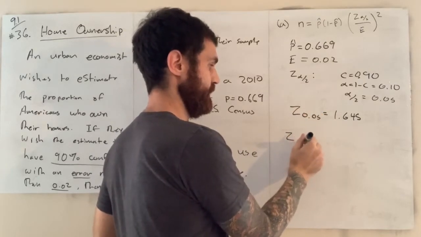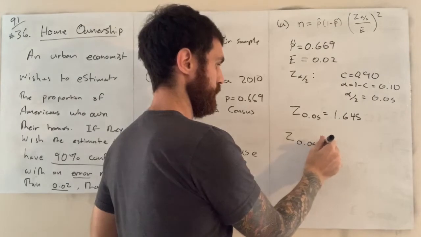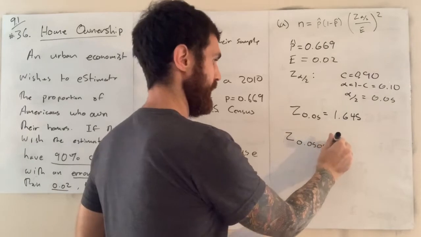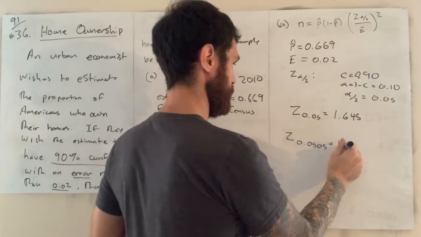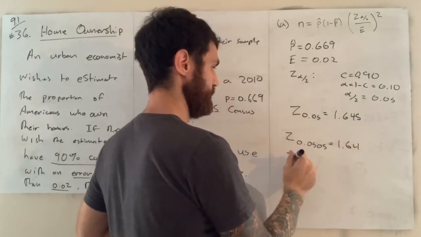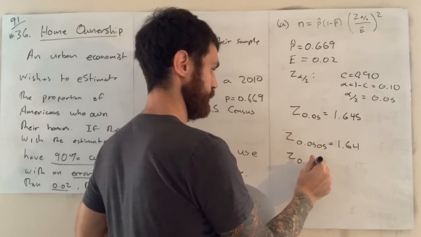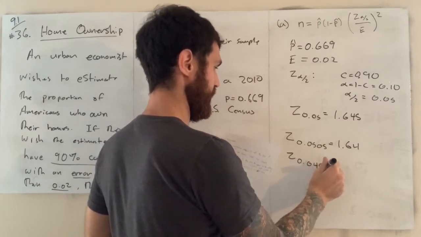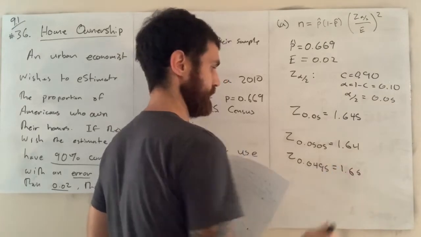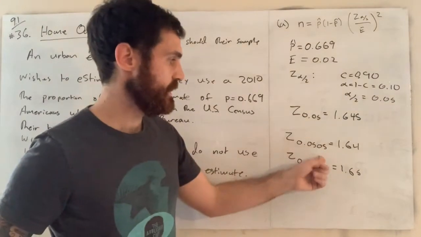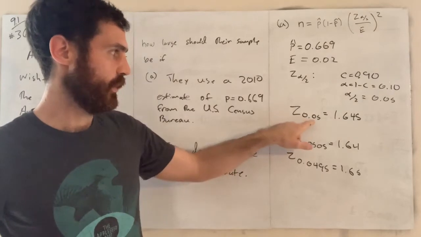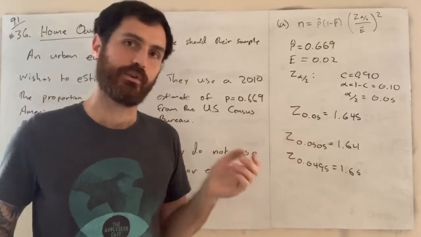They have one listed for 0.0505, and they have that listed at 1.64, and z sub 0.0495, and they have that listed at 1.65. And notice that these are an equal distance away from 0.05. So either one of these is a good option.